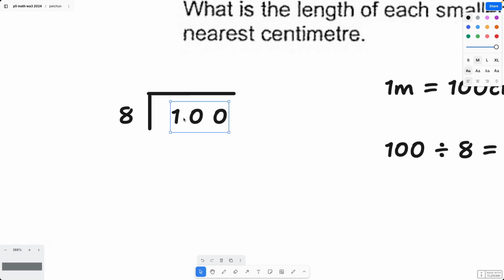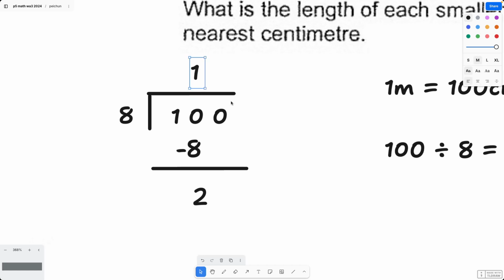So 100, so 1 cannot be divided by 8 because it will give us a negative. So in a way, we just leave a space over here. So we don't do anything over here, right? Now let's go to 10. Can 10 minus 8? Yes, we can. So we have 10 minus 8 over here, and this will give us 2, right?